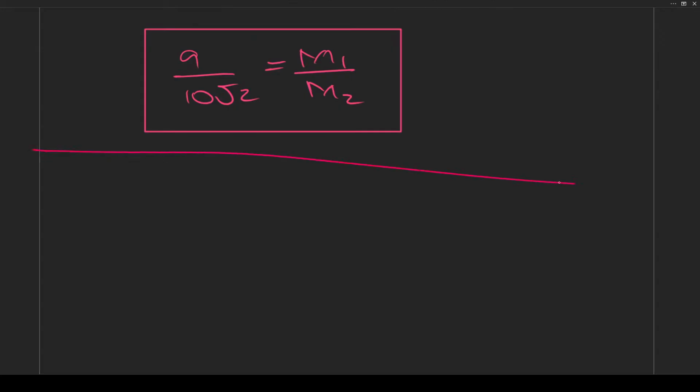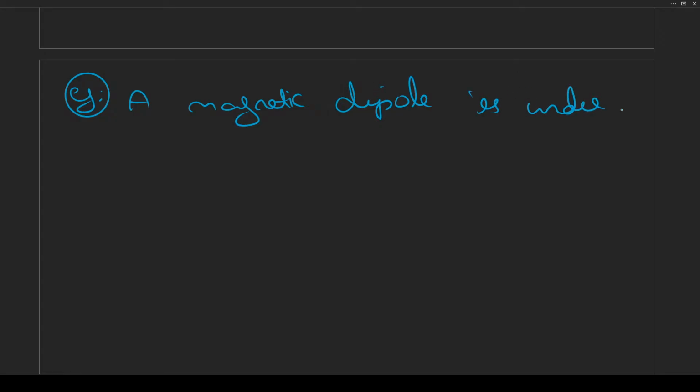Now let's go to the next question. A magnetic dipole is under the influence of two magnetic fields.